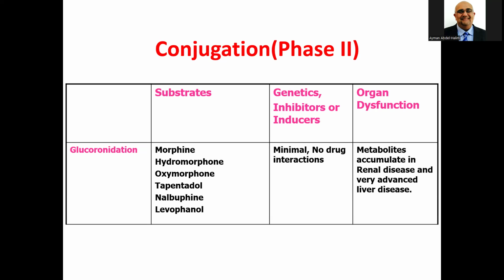Conjugation. We see this with some drugs like morphine, hydromorphone, or even nalbuphine or naloxone, levodopa, tapentadol. Usually, these metabolites accumulate in renal diseases. So, the nice thing about drugs that are metabolized by conjugation is we have minimal or no drug interactions.